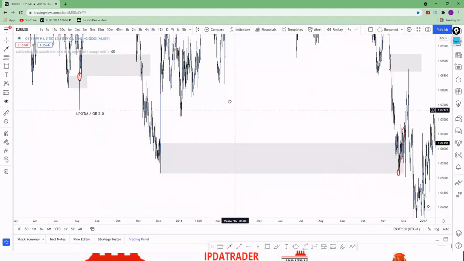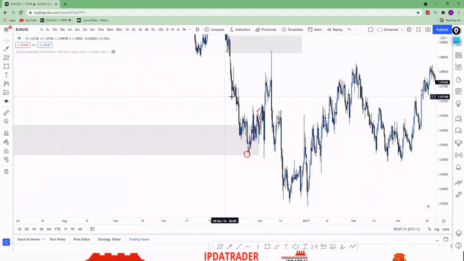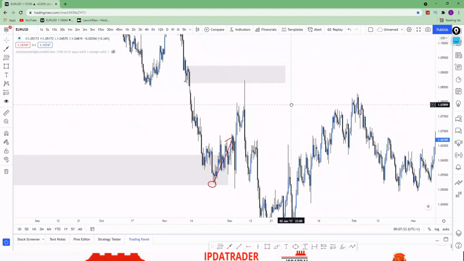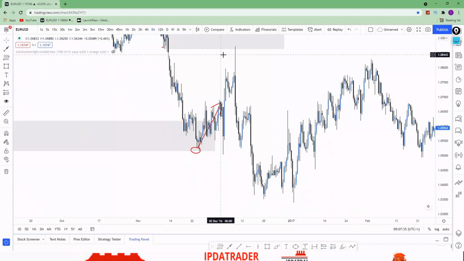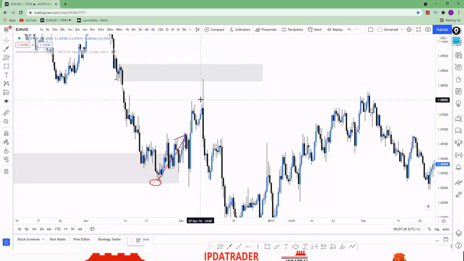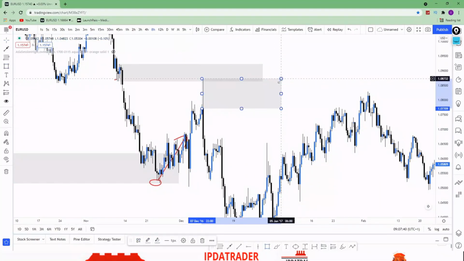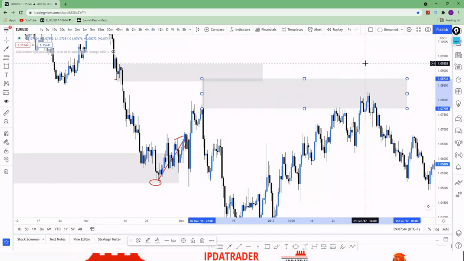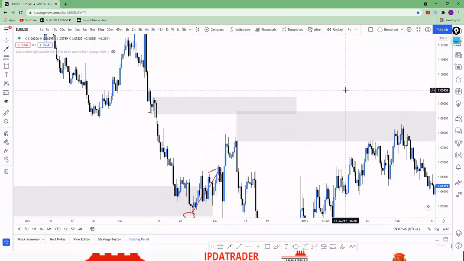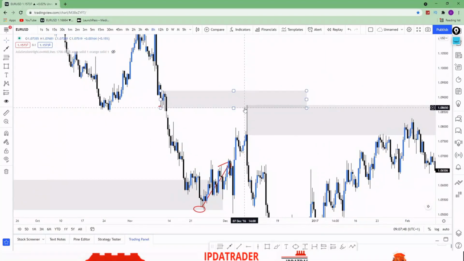So we do that, we follow price, and as you can see, price reacts here. Great. Now we can further see what's happening over here. This on its own, this huge wick right here, is an order block 2.0, or last point of true mitigation, sorry. And the reason being is because this order block mitigated a previous order block, right?